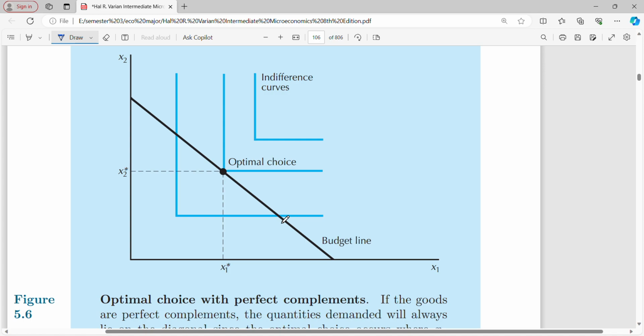The number of left shoes must be equal to the number of right shoes. So X1 is equal to X2, and we can simply denote them as X. And what is this X? X equals M divided by P1 plus P2.